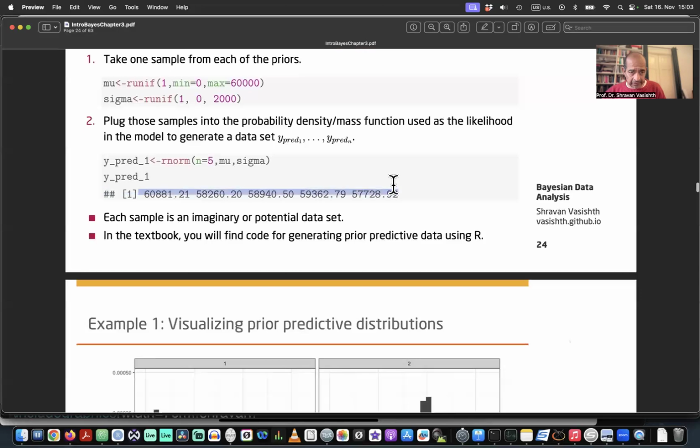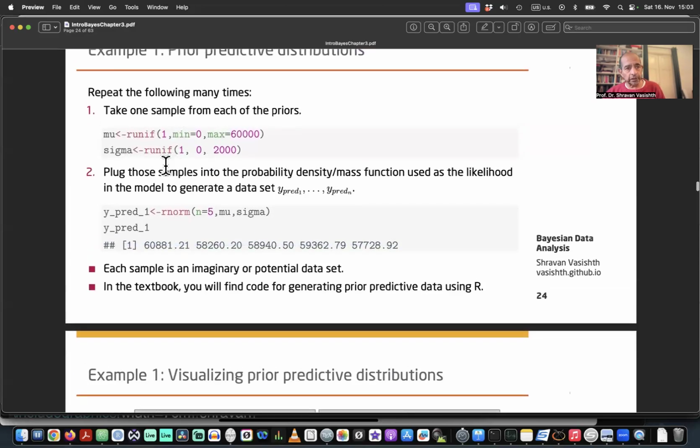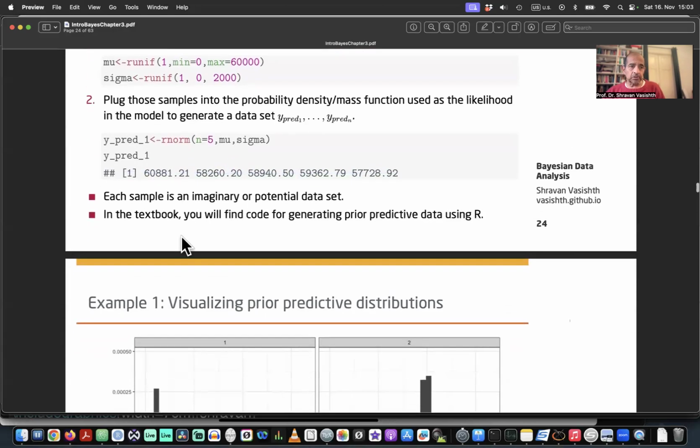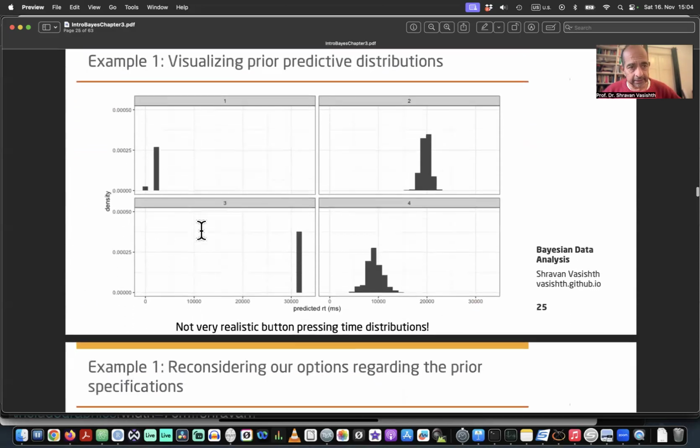Now I could do this multiple times. I could just keep doing this over and over again, and each time I would get a new simulated data set. So each of these data sets is an imaginary or simulated data set based on the model specification. That means the likelihood and the priors. Here are some example data sets that I generated.